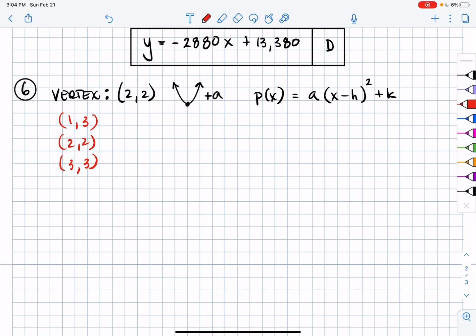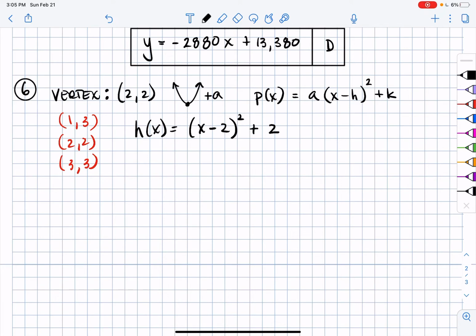So with that being said, and knowing the vertex is (2, 2), then my h of x is going to be x minus 2 squared plus 2. Okay? Just based on the vertex, I can see that, right?